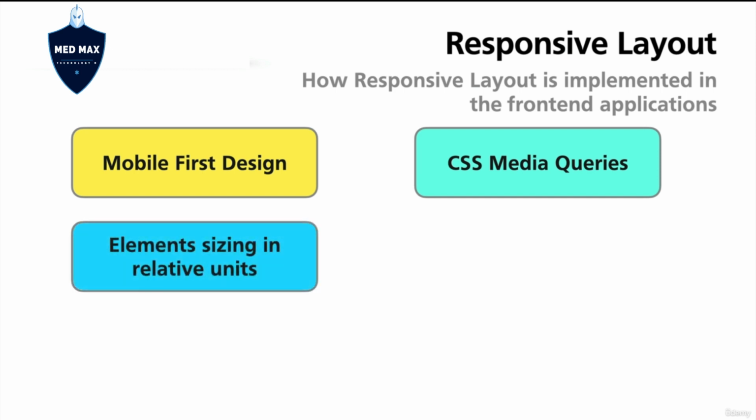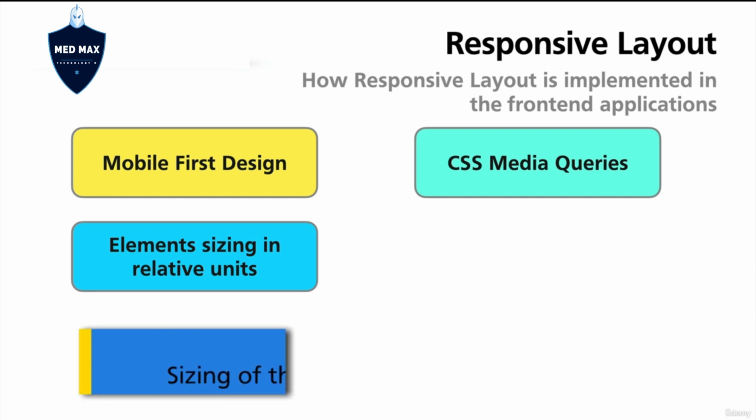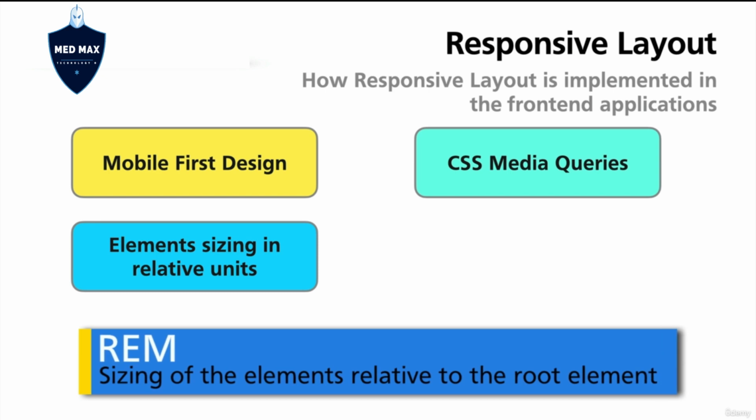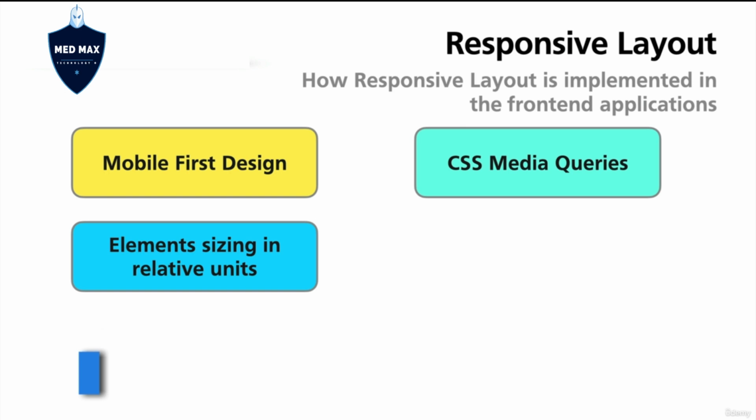Elements in the front-end application could be sized in relative units. For example, the size of images and buttons could be defined in percents of the device viewport. Font size could be defined in REMs, which are calculated based on the size of the root element, which is the HTML element for web applications.